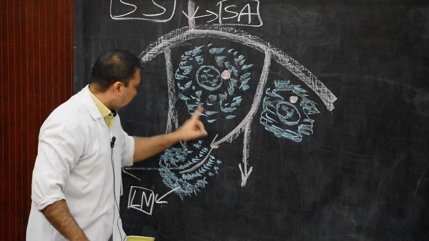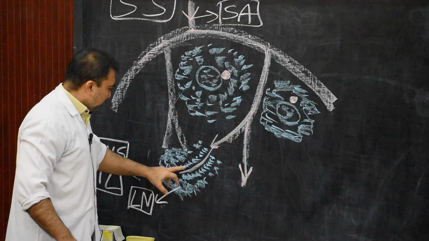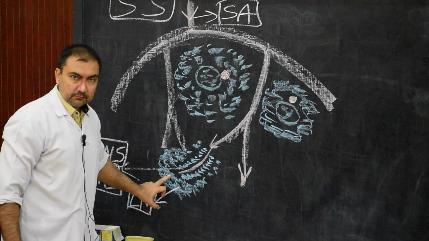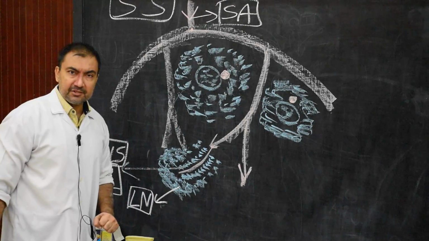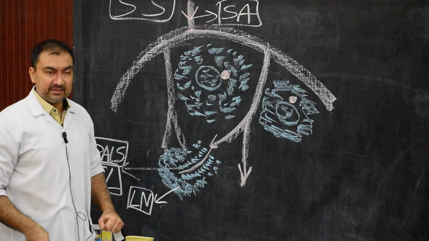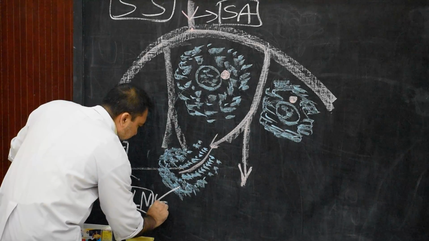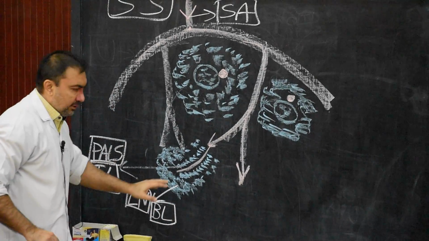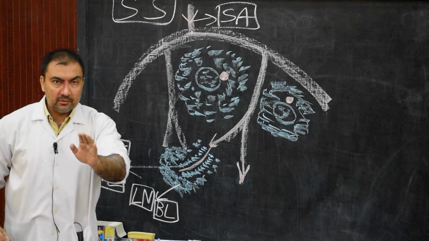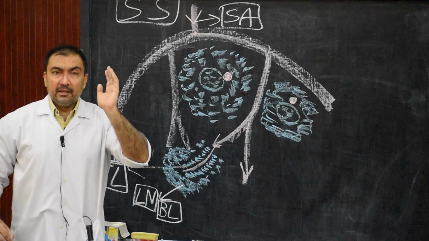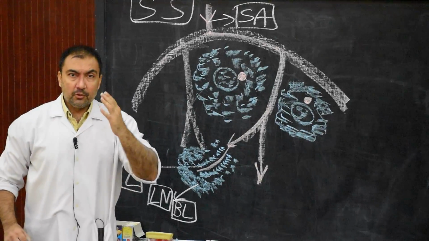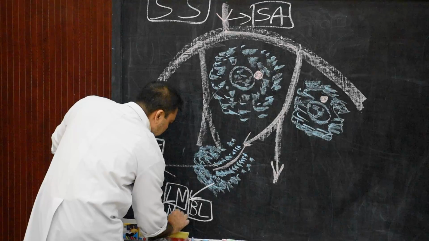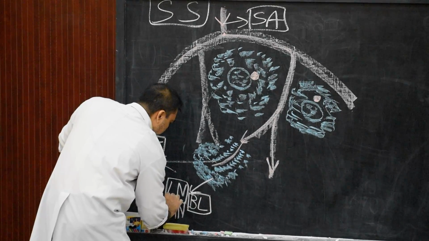Likewise, there are so many branches coming up, and this lymphatic nodule which is surrounding the peri-arteriolar lymphatic sheath will consist of B lymphocytes. So it will consist of B lymphocytes, and the name of this lymphatic nodule will be the Malpighian nodule.